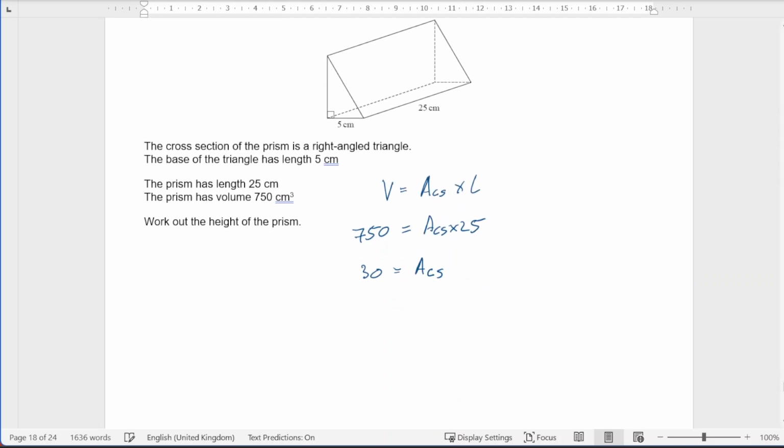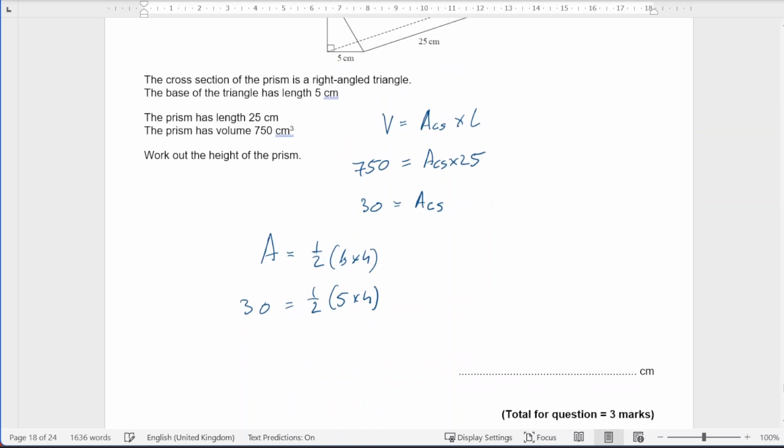The cross-section is the triangle, so it's a half base times height. We know some of these dimensions, so 30 is equal to a half of 5 times by the height. I'm going to do this in 2 stages. I'm going to double it, so 60 is equal to 5h. Divide both sides by 5, 12 is equal to h. So the height would be 12.